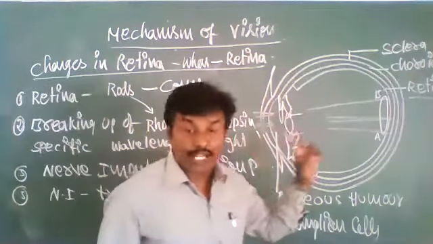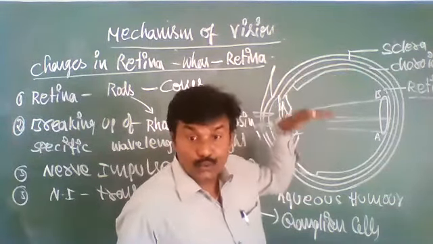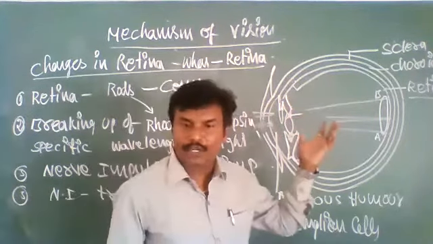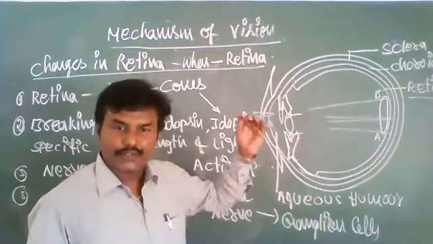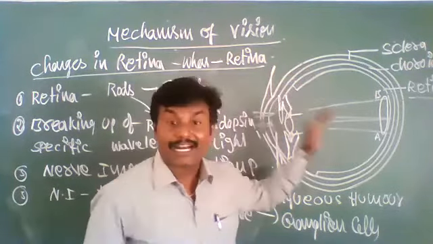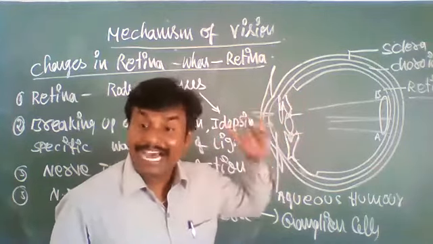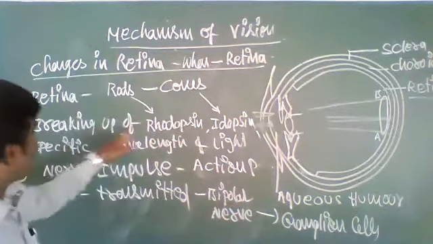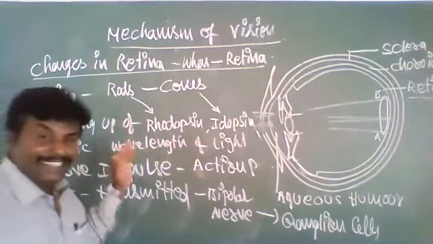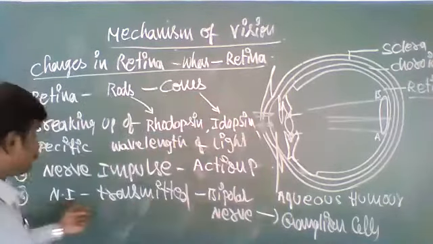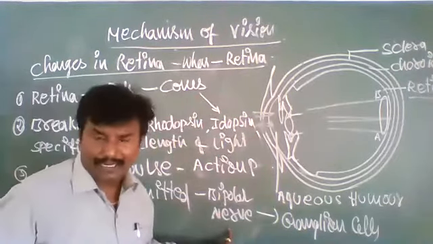Already 2 times I have drawn that. Rods and cones, I have shown how they are arranged from the outer to the middle to the inner side in the retina. When these are broken, an action potential, a nerve impulse, is generated and transmitted to the bipolar nerve cells.